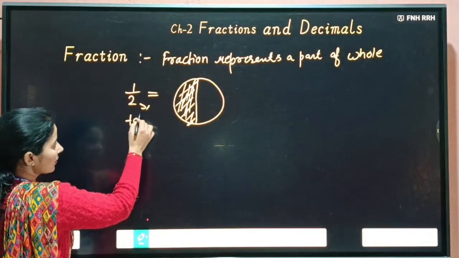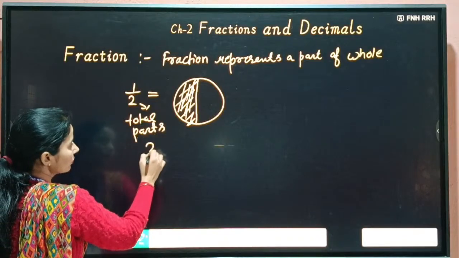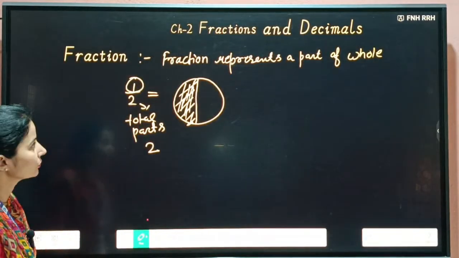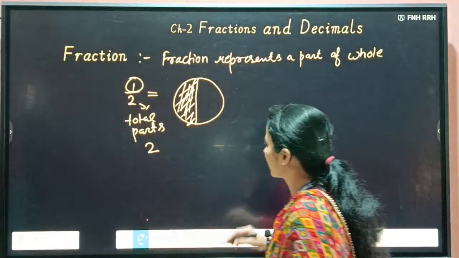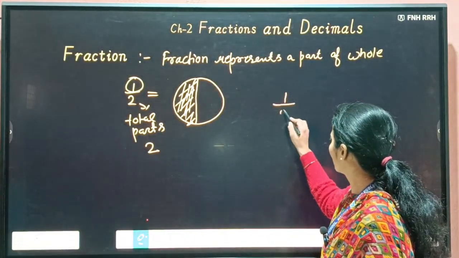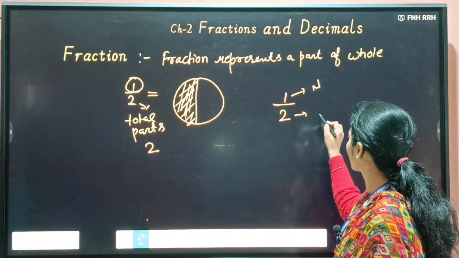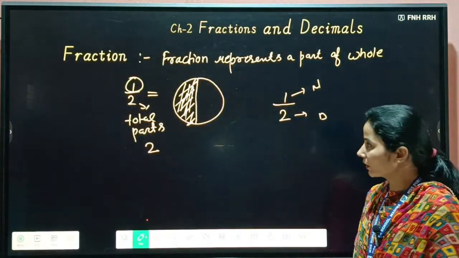Total parts are 2, and this is one part out of 2. This is a fraction. A fraction contains a numerator and a denominator. Like 1 by 2 I have written, this 1 is the numerator and this 2 is the denominator.